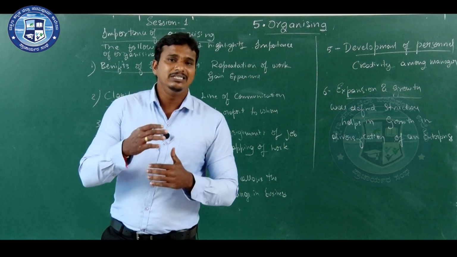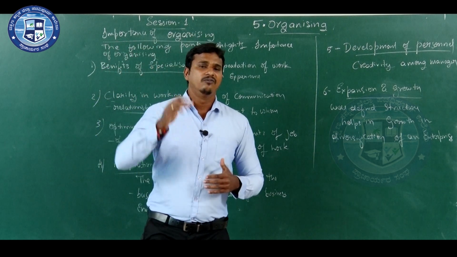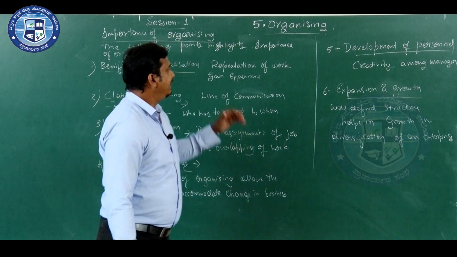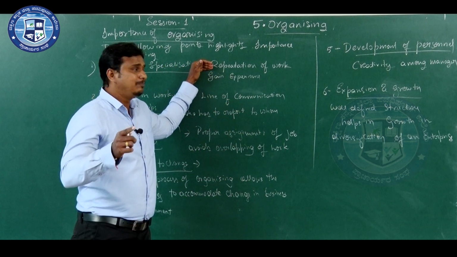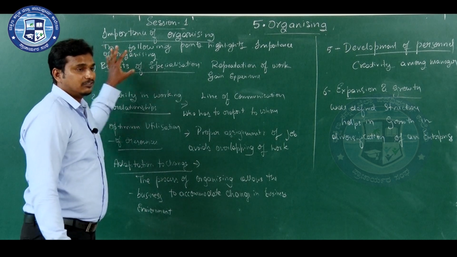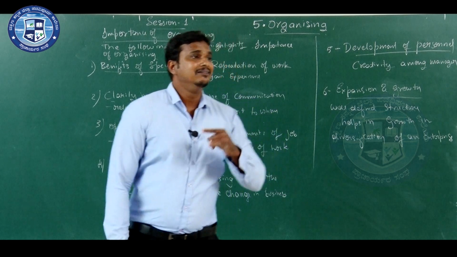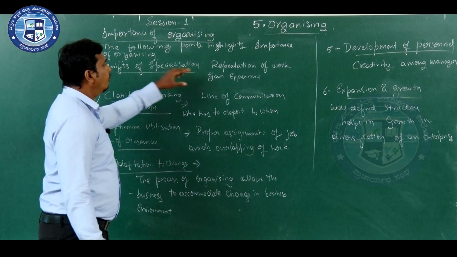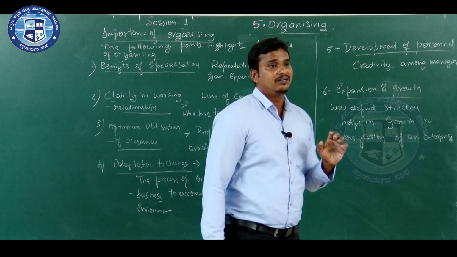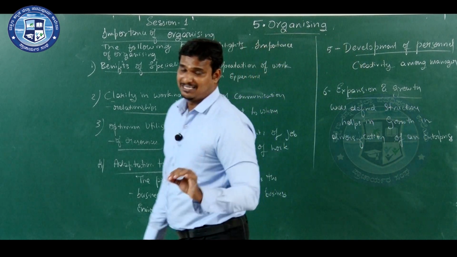So, after doing the same work again and again for a number of times, he will be an expert and gains experience. That is where he will be a specialized person. So, why organizing is very important: the employees get more and more experience in their particular field of specialization.